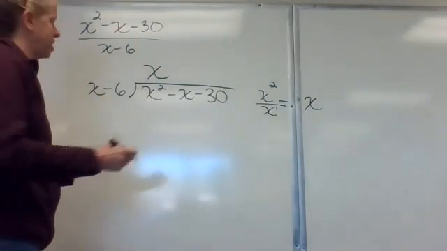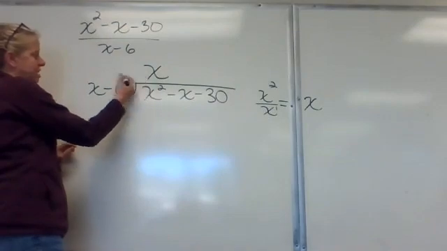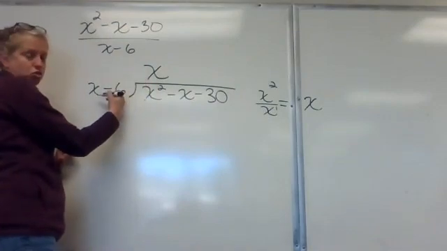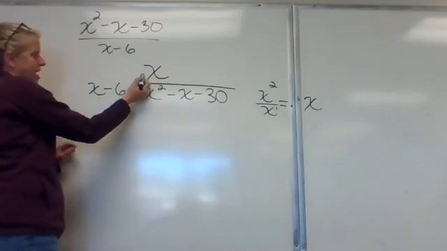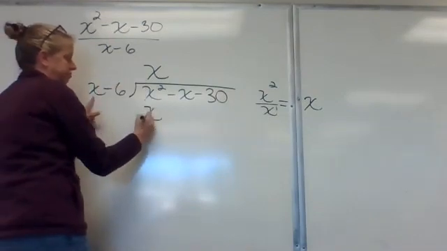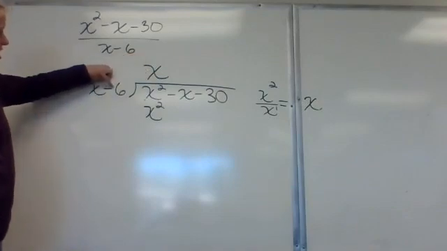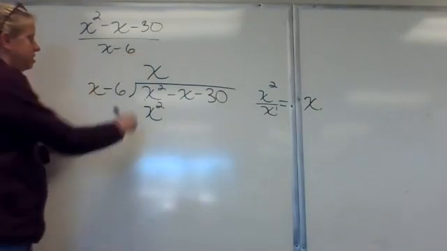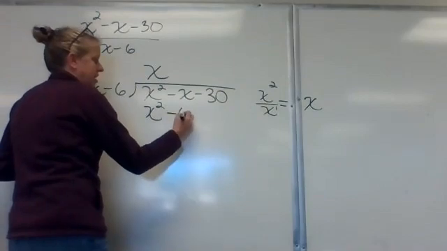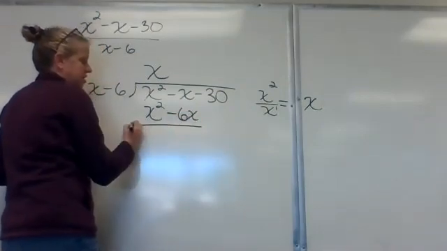It's just that this x has to go to both of those since there are two terms out here. So x times x gives me x squared. x times negative 6 gives me negative 6x.